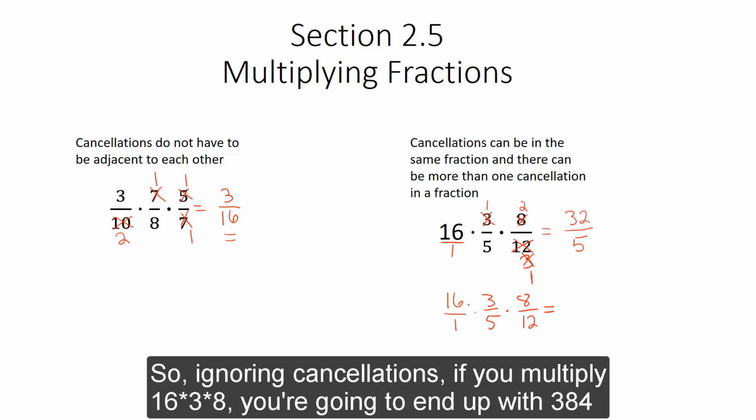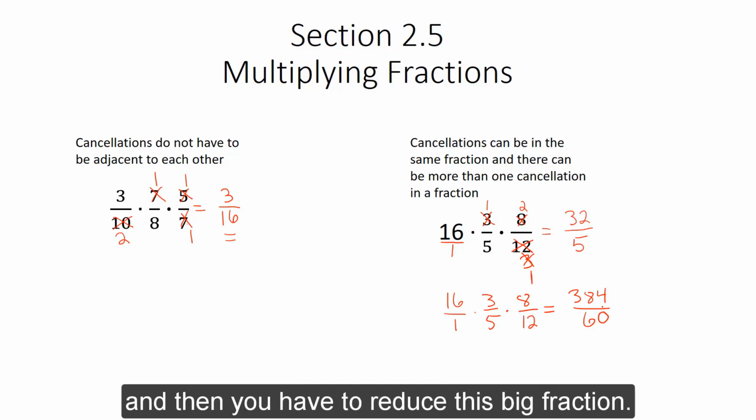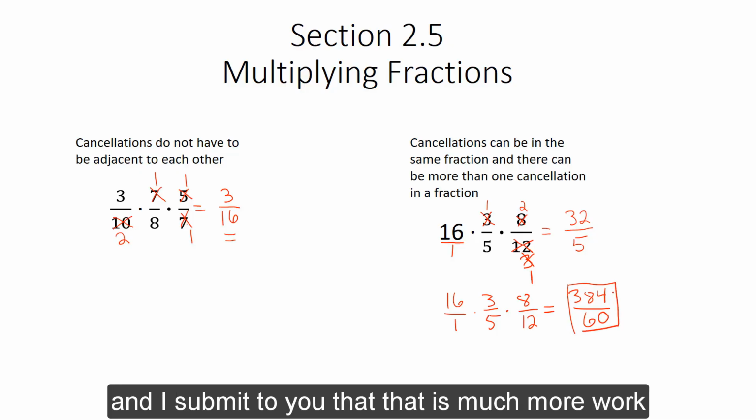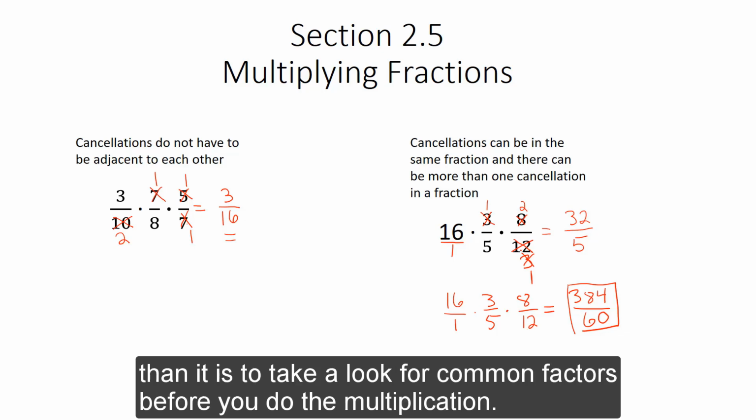So ignoring cancellations, if you multiply 16 times 3 times 8, you're going to end up with 384. And 5 times 12 is 60. And then you have to reduce this big fraction. And I submit to you that that is much more work to do the multiplications and then the reduction of a big fraction than it is to take a look for common factors before you do the multiplication.